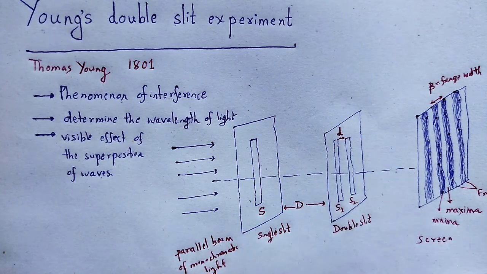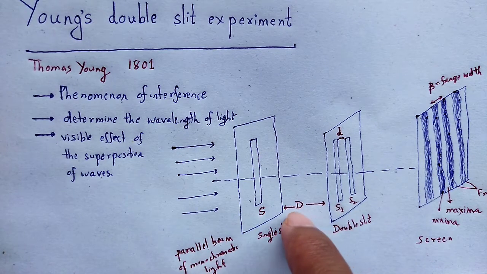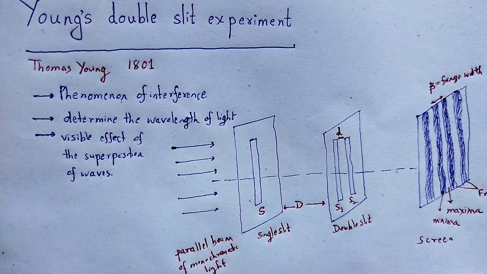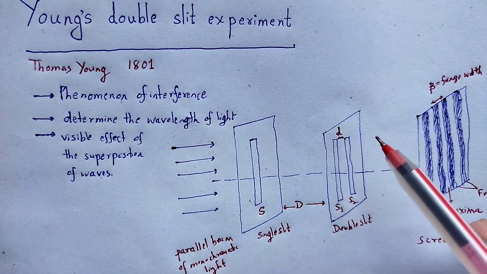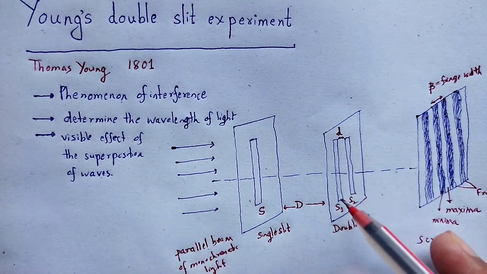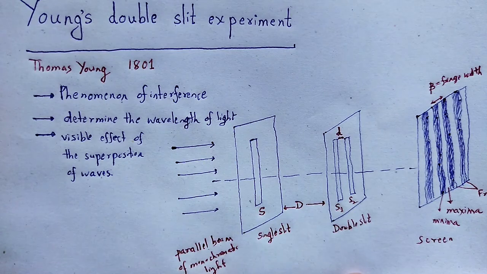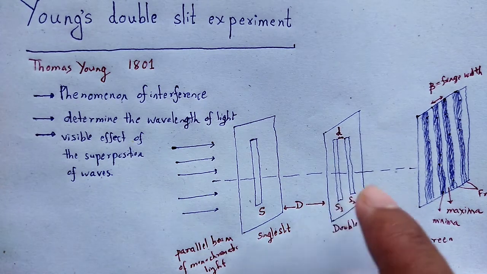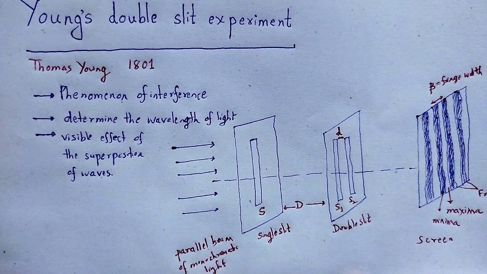Small d is very small in comparison to capital D. The light coming from the slits S1 and S2 behaves like a coherent source. Coherent source means the phase difference between the waves coming from these sources is constant.